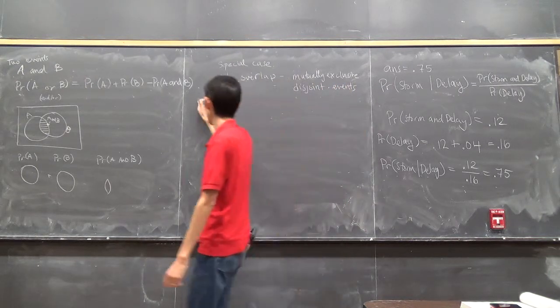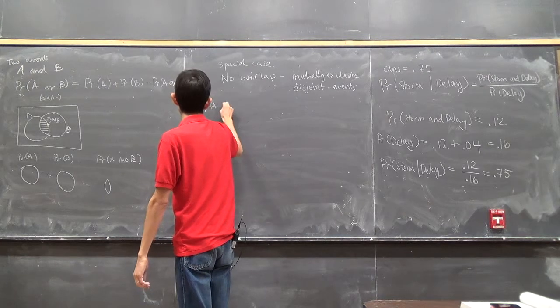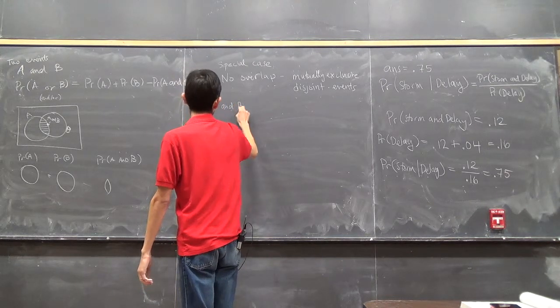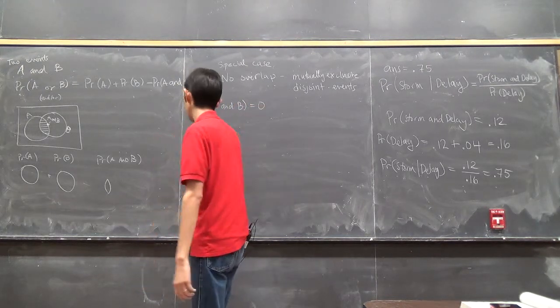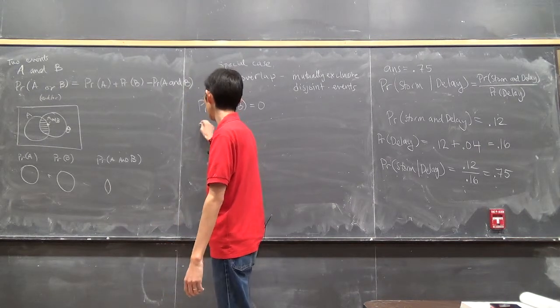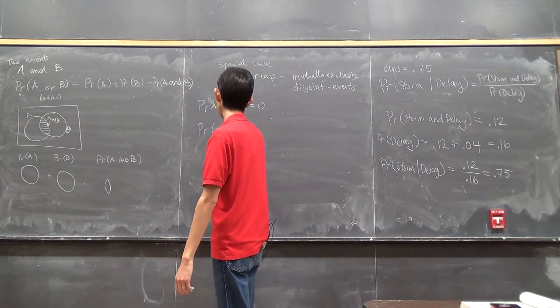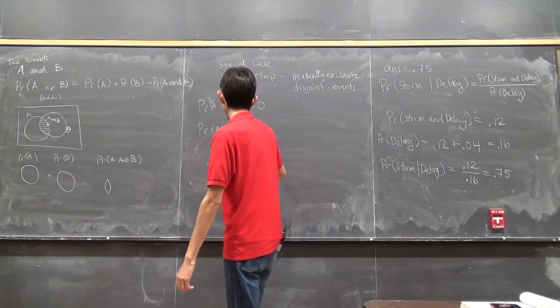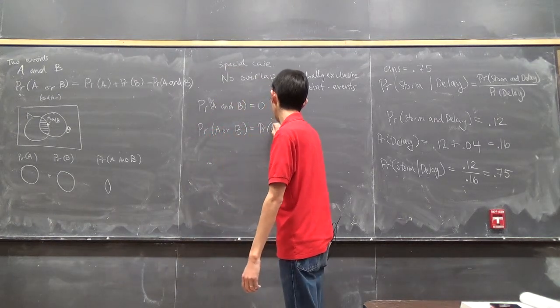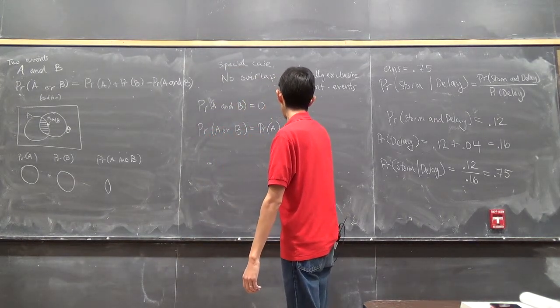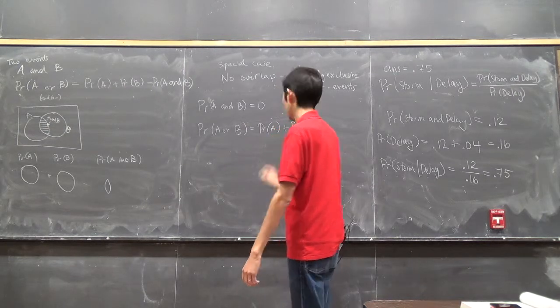That essentially means that the probability of A and B is equal to 0. And so in that case, the probability of A or B is equal to the probability of A plus the probability of B.